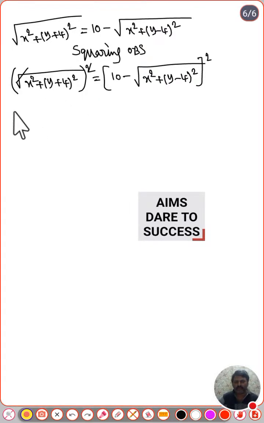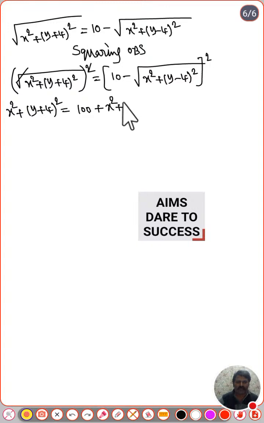The roots get cancelled, remaining x square plus (y plus 4) whole square is equal to this, which is in the form of (a minus b) whole square: a square, 10 square is 100, plus b square, the square root cancelled.